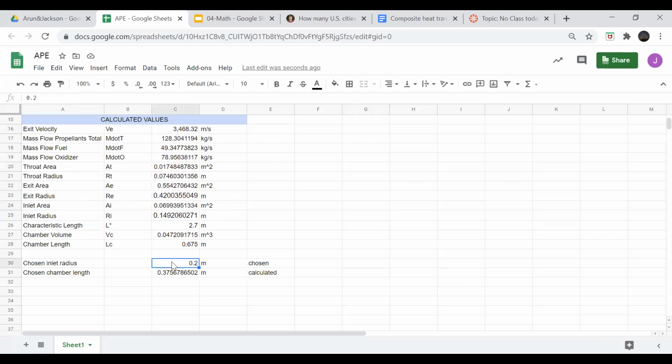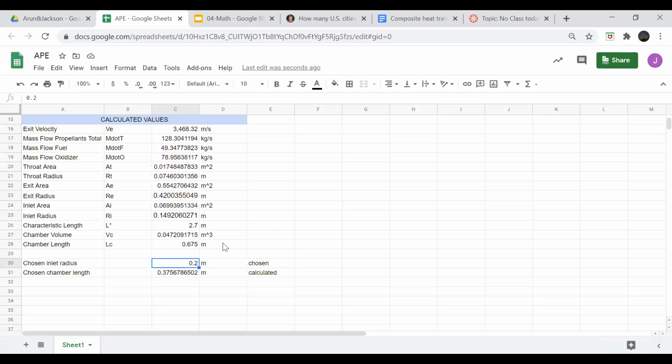We kind of just pulled this out of thin air. As long as it's greater than this radius that you got from the 4 times the throat area, you'll be fine. We just picked a bigger one to make it look nicer.